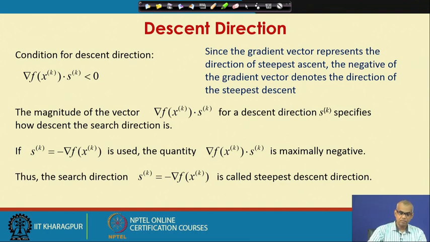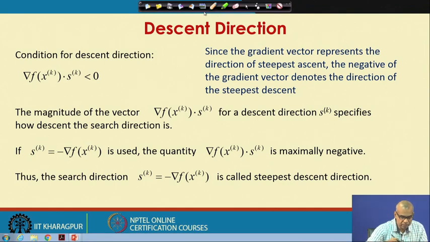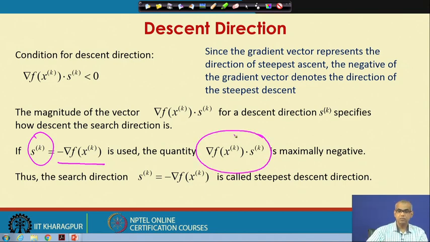Now, if I set the search direction s as negative of the gradient of the objective function, the dot product of the gradient with the search direction s will be maximally negative. Thus, the search direction s equal to minus of gradient is called steepest descent direction.